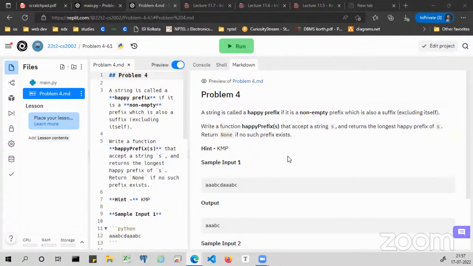As you can see, it's just directly about KMP algorithm, because KMP actually works on the basis of this idea that you check for a substring which is working as both prefix and suffix together. If you do not get any such substring, then you reduce the size of the prefix, and then again you check whether with this reduced prefix there is a match or not.